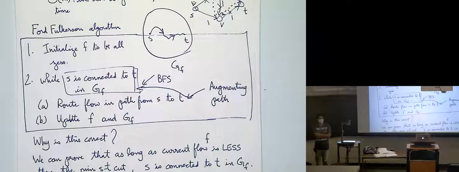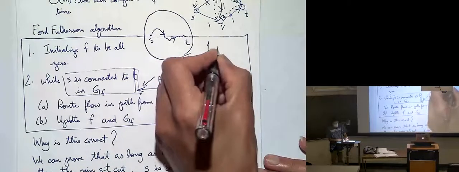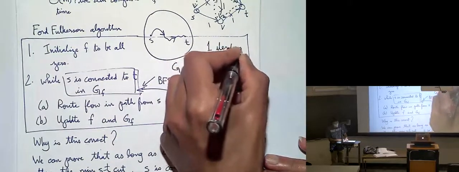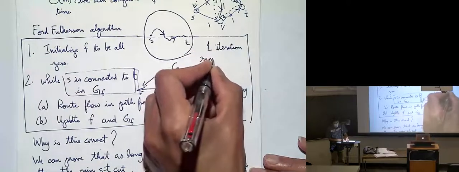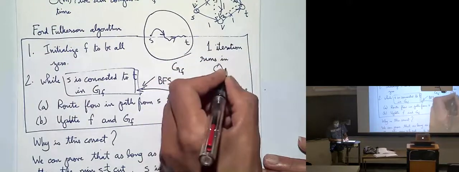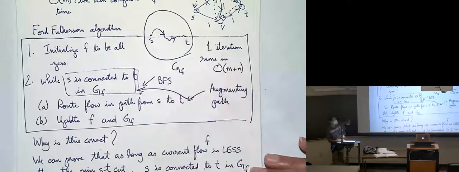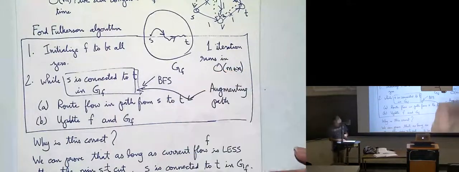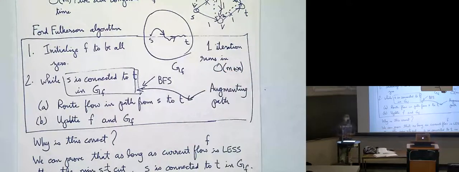Linear time in the graph, right? It's just because there's a BFS, and then there's the update, which would be linear time. So one iteration runs in basically O of m plus n, linear time, which I'll just say is O of m, because I'm assuming m is at least n.